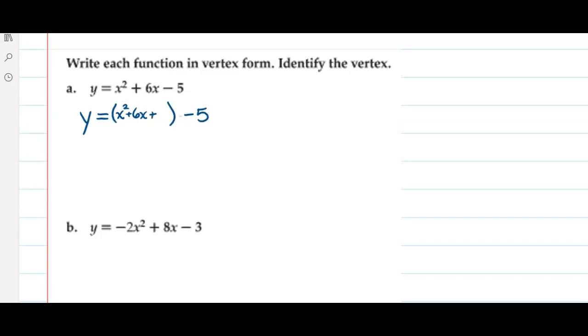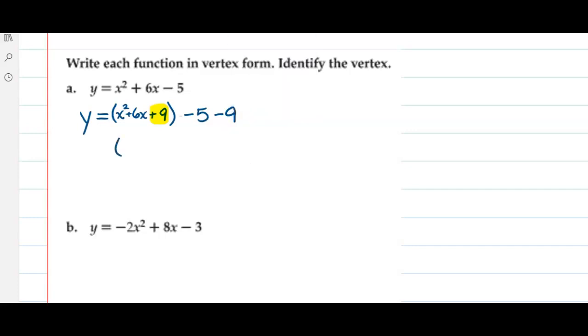I'm going to complete the square just like I was doing. Half of b is 3, squared makes 9. But since I'm doing it on the same side, whatever I do in the parentheses, I need to do the opposite outside the parentheses. Because inserting plus 9 minus 9 is just 0. I haven't changed the value of my function.